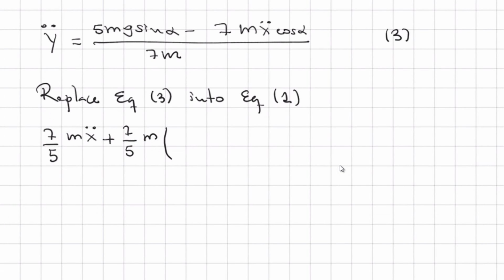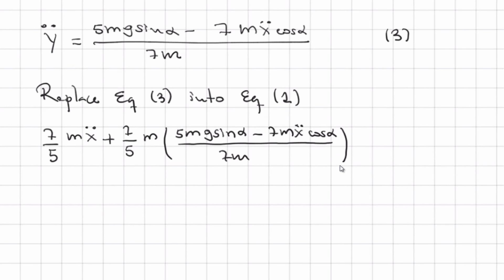We know that we have to replace y2 dot dot, and y2 dot dot is equation number 3. 5 m g sine of alpha minus 7m x2 dot dot cosine of alpha, dividing 7m, okay, cosine of alpha, plus the mass of the wedge plus the mass of the ball times x2 dot dot, and this is equal to 0.